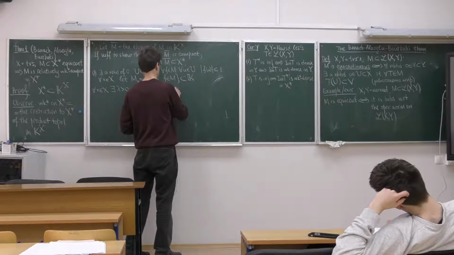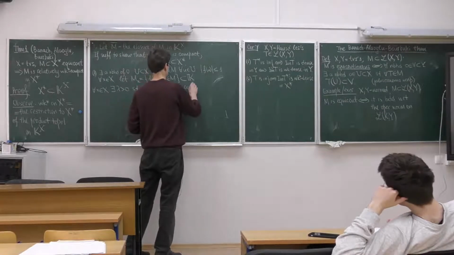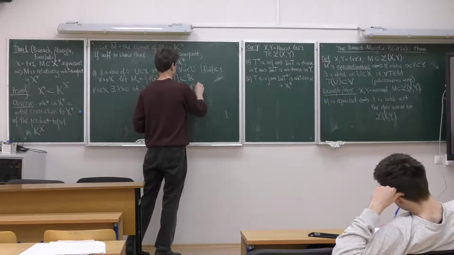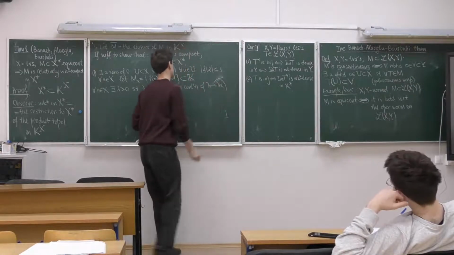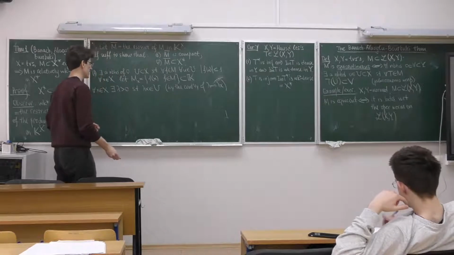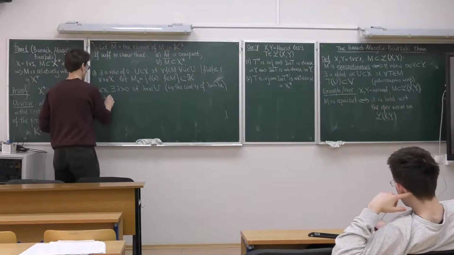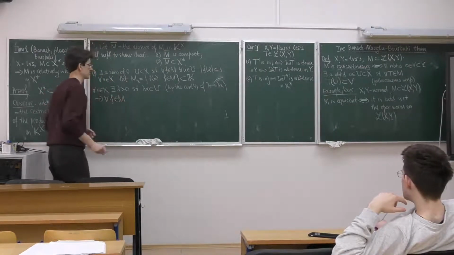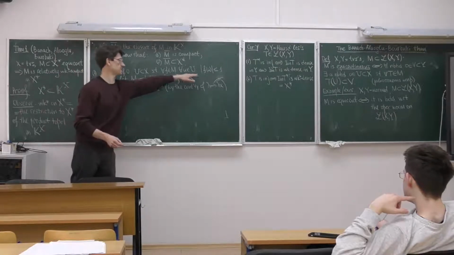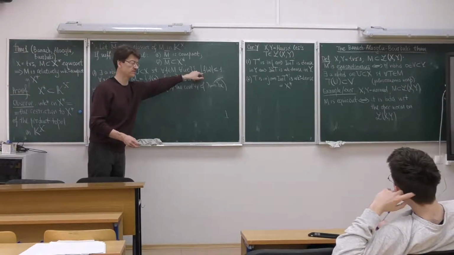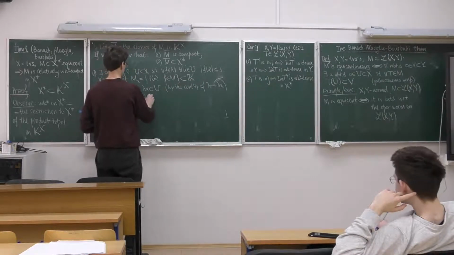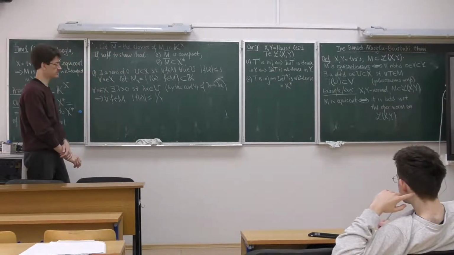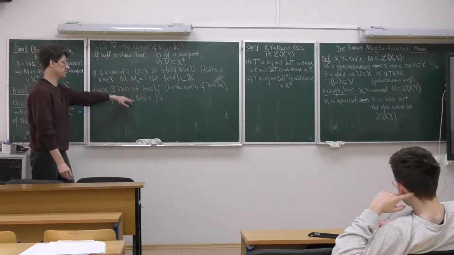So this follows from the continuity of the map which takes lambda to lambda x. Now, if we take any element f in M, then because of this, f of lambda x is less than or equal to 1, and so f of x is less than or equal to 1 over lambda. And this implies that Mx is bounded.